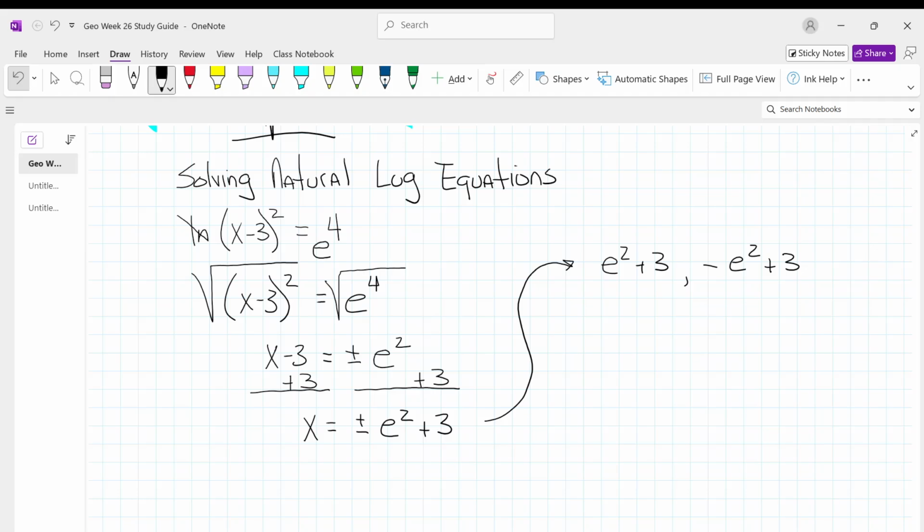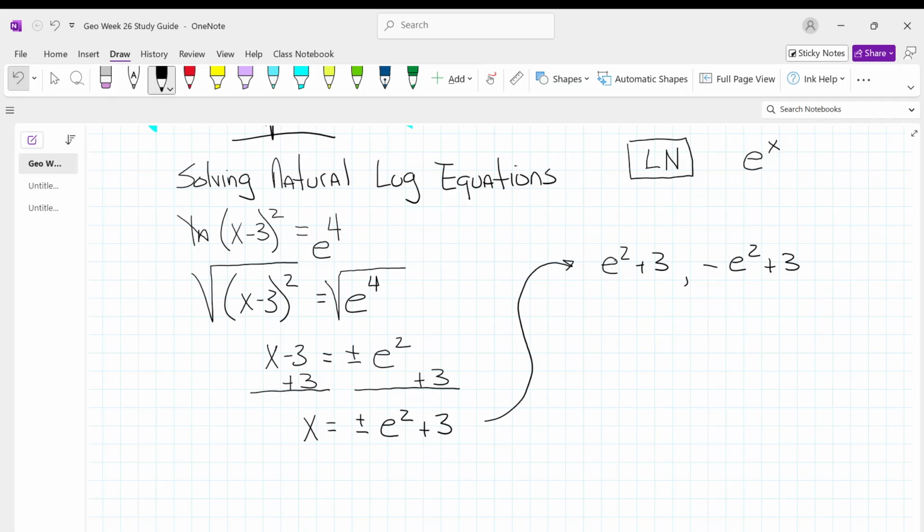Now, the button that you're looking for on your calculator, you've got the natural log button, which is this right here. Then usually behind it, you've got this symbol. In my calculator, I have to use the second function because this is in green.